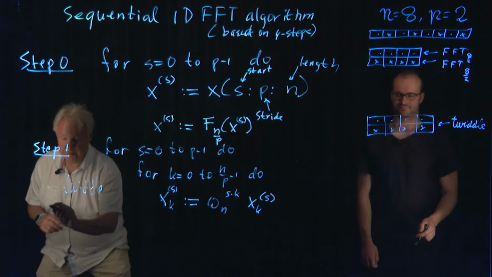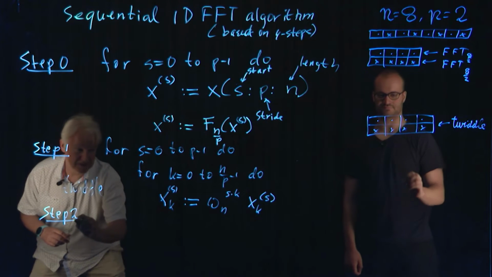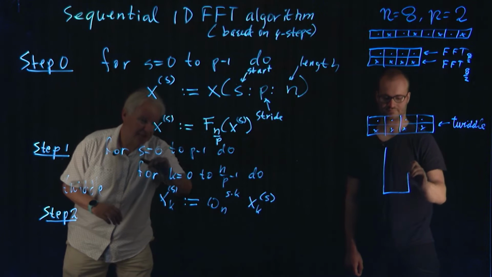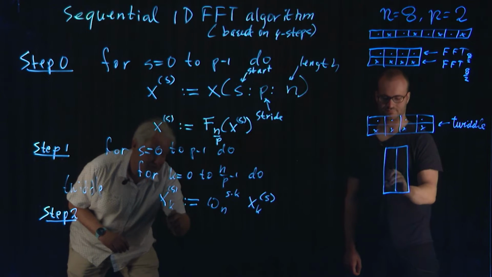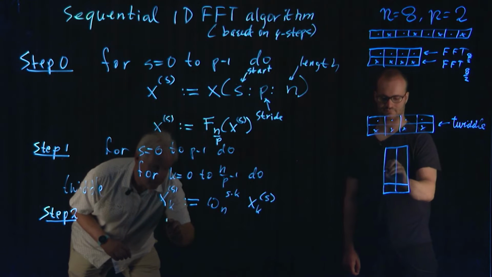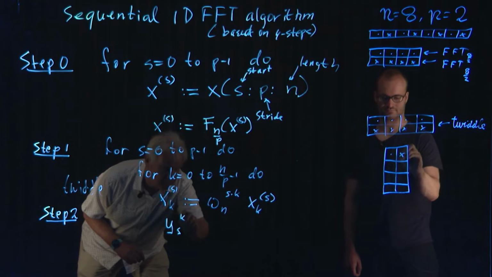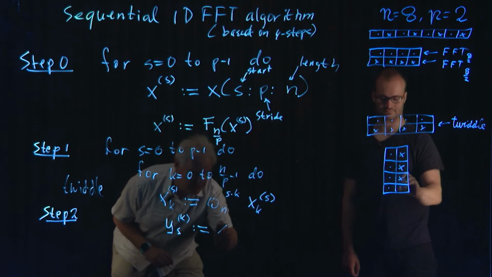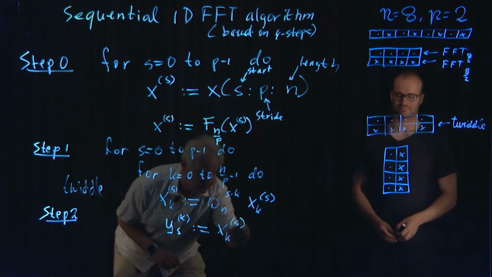Step 2 is a transposition. And since these loops are the same, I just write it within the loop. So y sk is x ks.